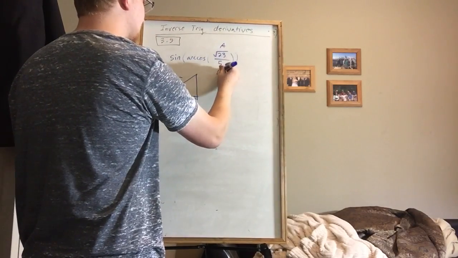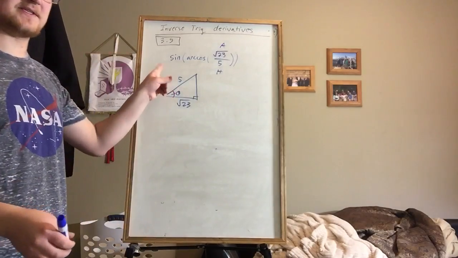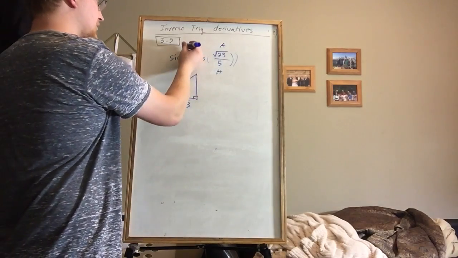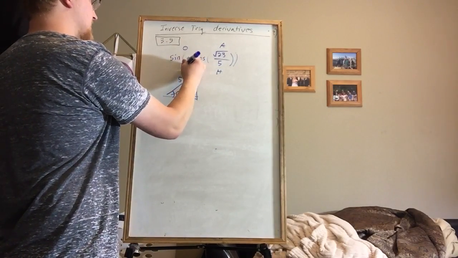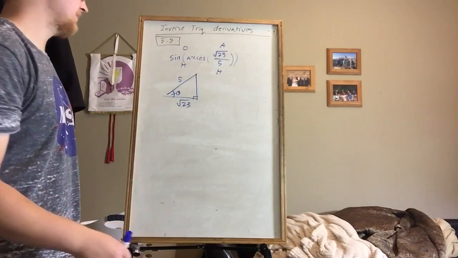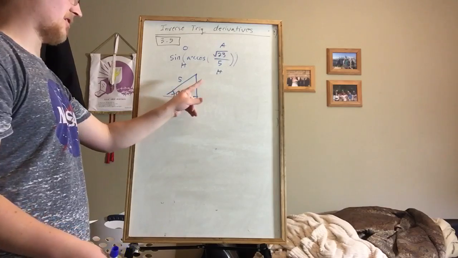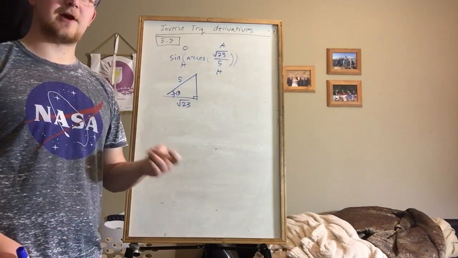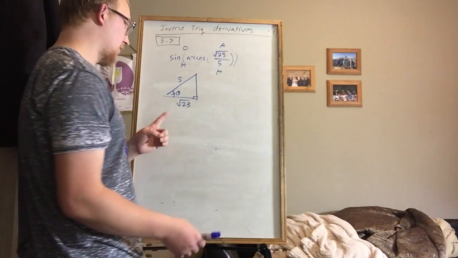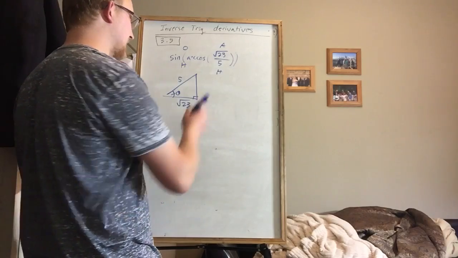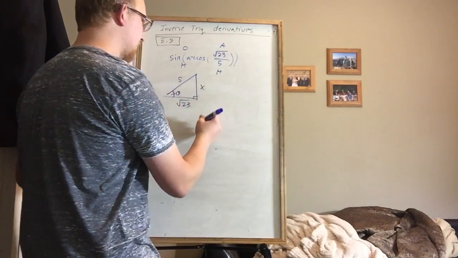So there's the first part. Now I'm going to look on the outside of my function, where it says sine. And sine, if you recall, is opposite over hypotenuse. So to solve this problem, we need to solve for the opposite side of this right triangle. You could label it x or some variable.